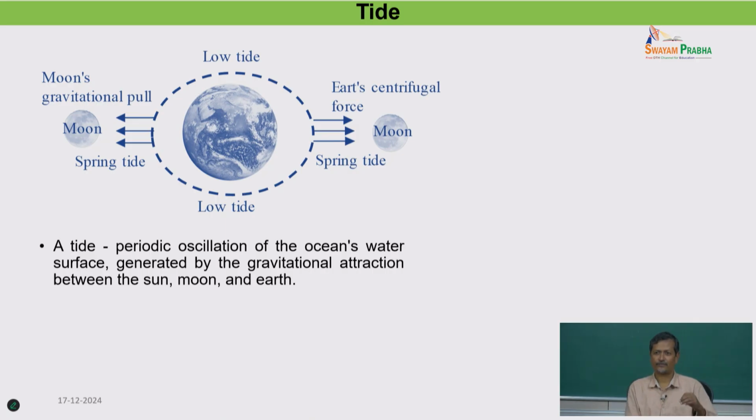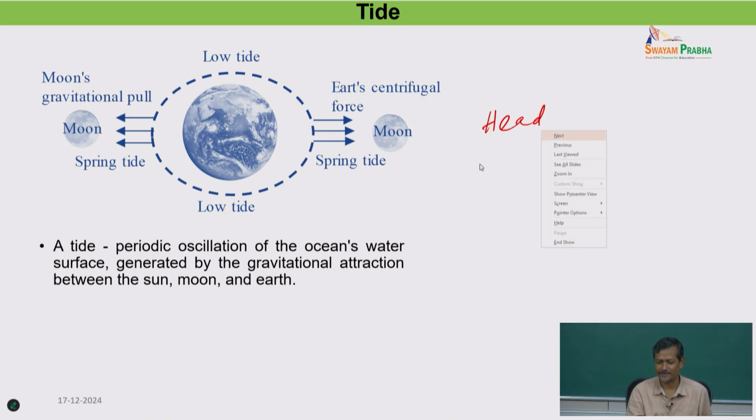What is happening? When water is moving in one direction because of solar and lunar effect, the water mass will be moving. When mass is moving, it will create a current, a water flow. When it is again receding, there will be another water flow, and because of the water flow, you can run a low head turbine. Low head means low pressure; we use the term head, and head means actually pressure.